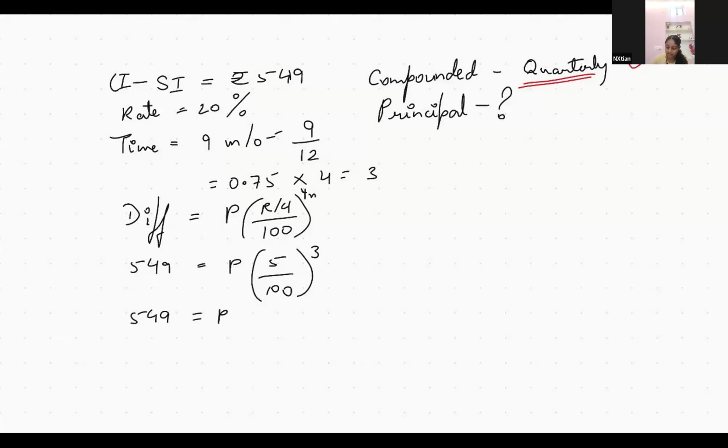Multiply it with 3 and minus by 1. Will we take 21 by 20 raised to the power 3 and then minus 1?